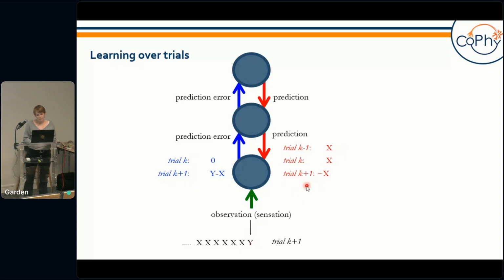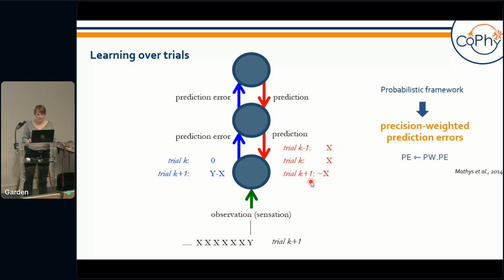So the system will still be predicting an X, but this time the precision might decrease a little bit. At the next trial, if the system still receives a Y, then progressively the prediction will evolve towards a Y, and if it's an X, then the prediction will still be an X, but the precision will get stronger again.